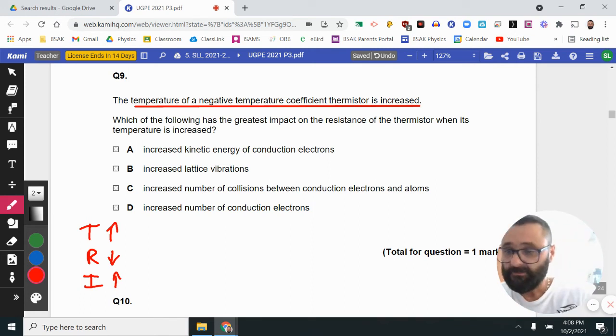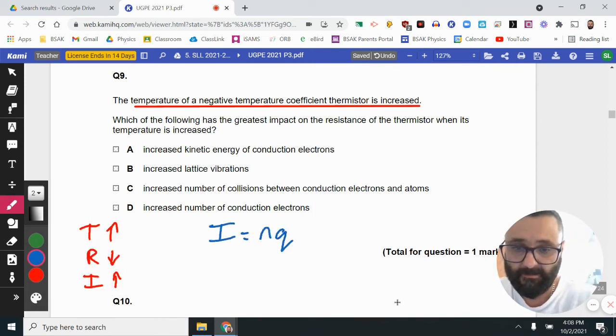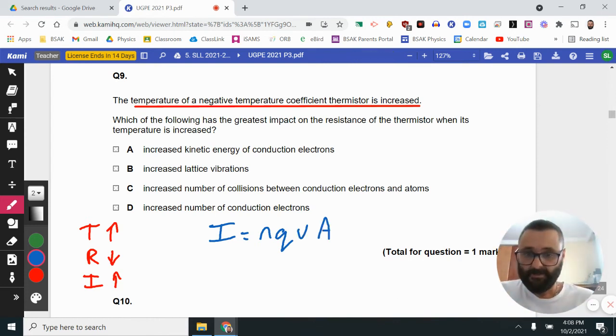Well, it's all down to the transport equation. Cross-sectional area is the same. Charge on an electron is the same.